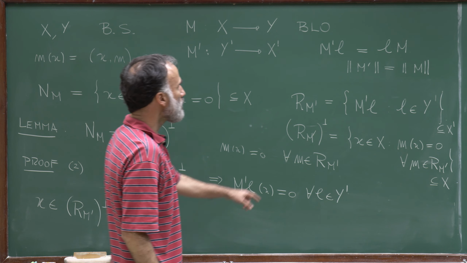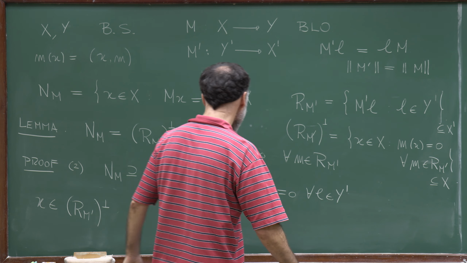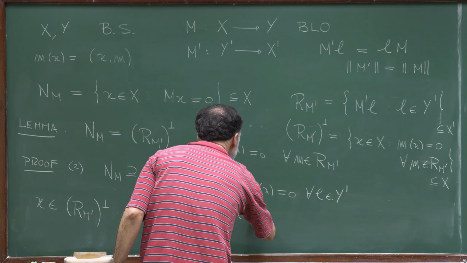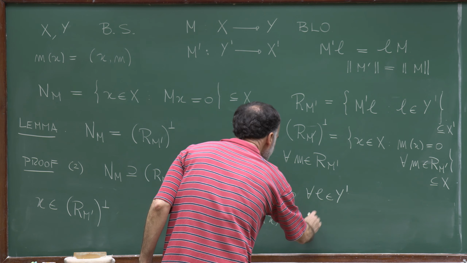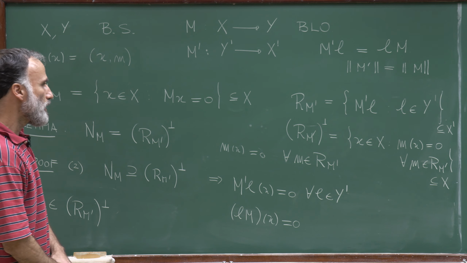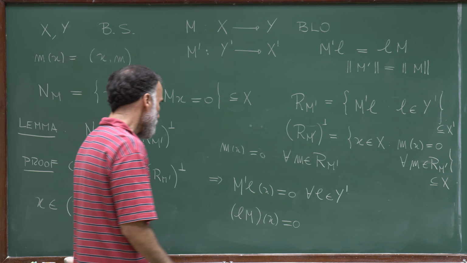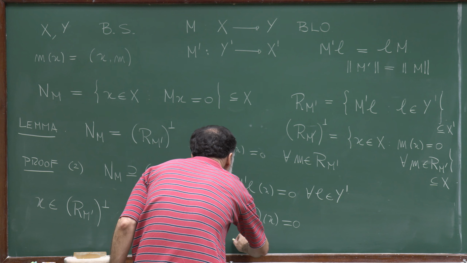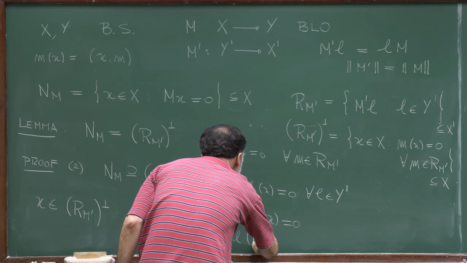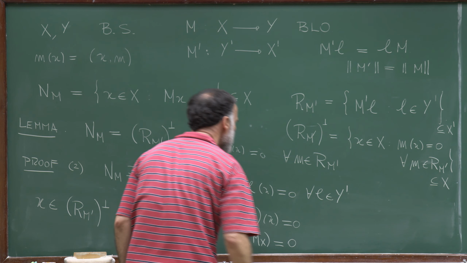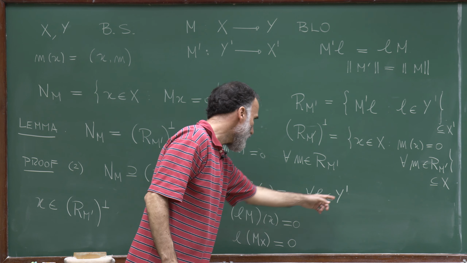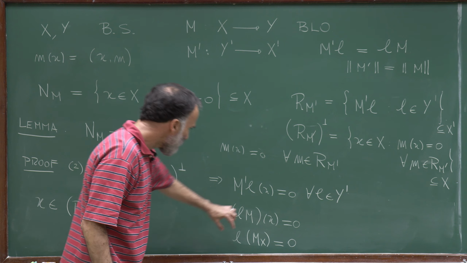Now, by definition, M prime L is L composed with M. So this is L of Mx, which is 0 for all L in Y prime. Therefore, L of Mx is equal to 0 for all L in Y prime.